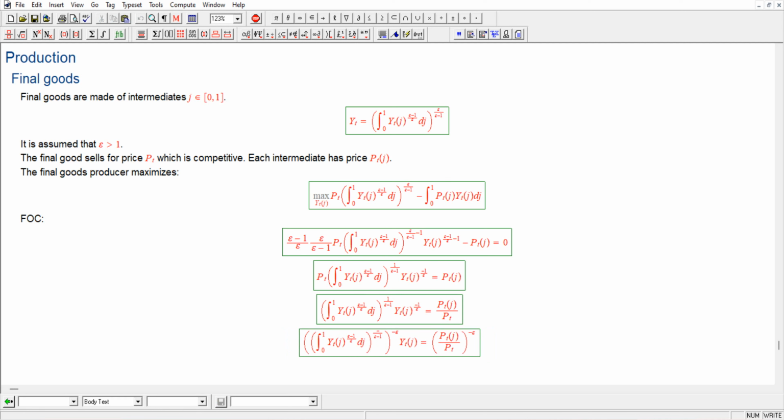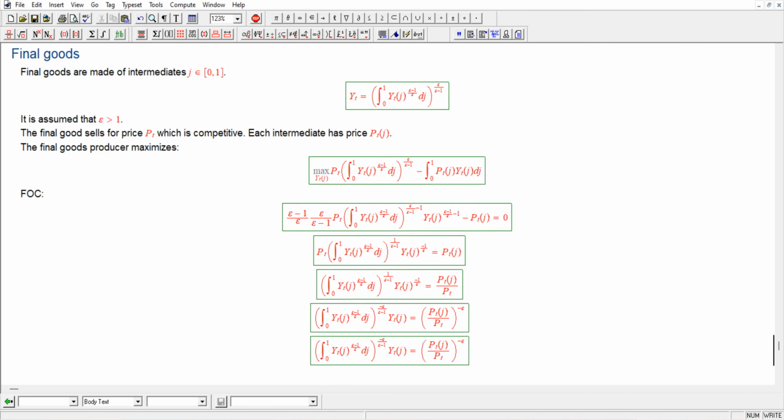This becomes minus epsilon. And furthermore, notice that this whole thing is just output, except that it's got a minus sign on its exponent. So this is just Y to the minus 1.